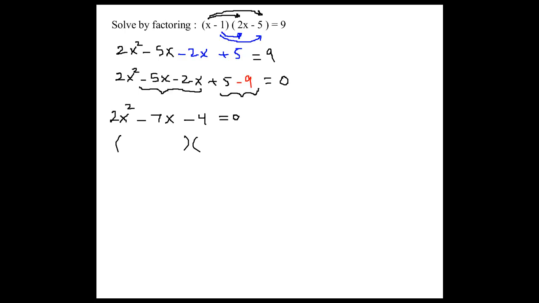So if I open two parentheses here, how do you think I can factor this? If I look at the first term, what should I put here for these first terms I need? 2x. The second one should be x. All right, good. So the first term would be 2x and x, that the product would be 2x squared.